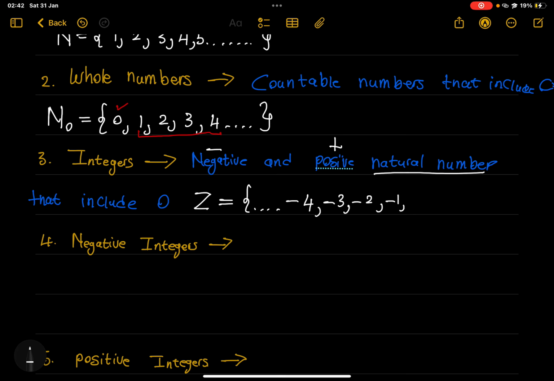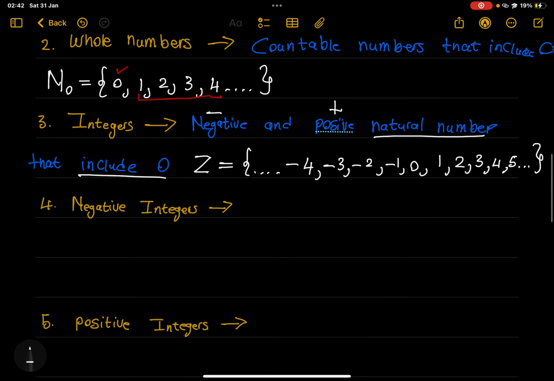They include 0, which means we put 0. Then positive natural numbers: 1, 2, 3, 4, 5, and so on, and we put our ellipses. These are called integers.